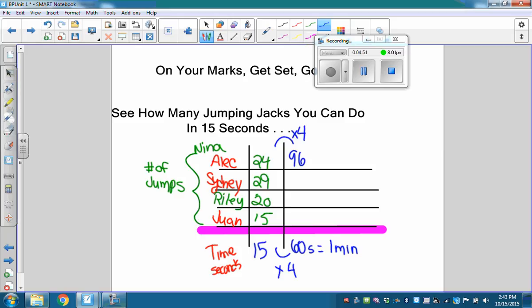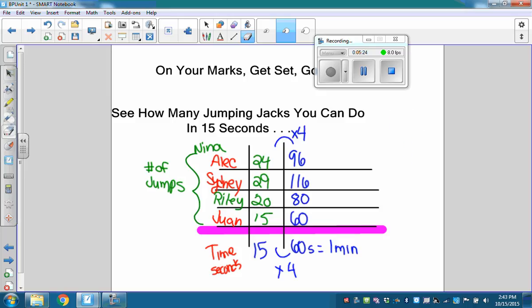And add them together, right? 80 plus 36, 116. And then the bottom one's 8. Oh yeah, this one's easier, 80. And then yours is easy, right? You did one every second.